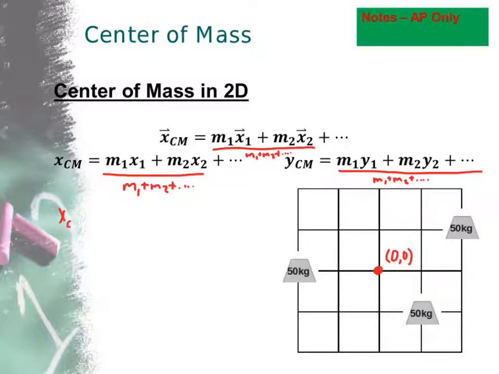In x, for consistency's sake, let's call this number 1, this number 2, and this one number 3. So m1 times x1 is 50 times -2 plus 50 times +1 plus 50 times +2. And we have to divide all of that by 150.